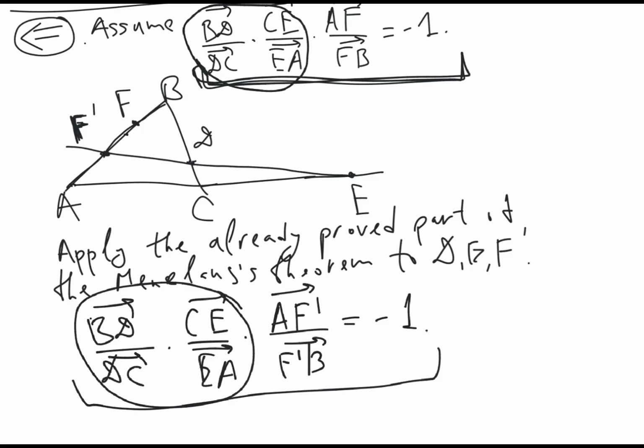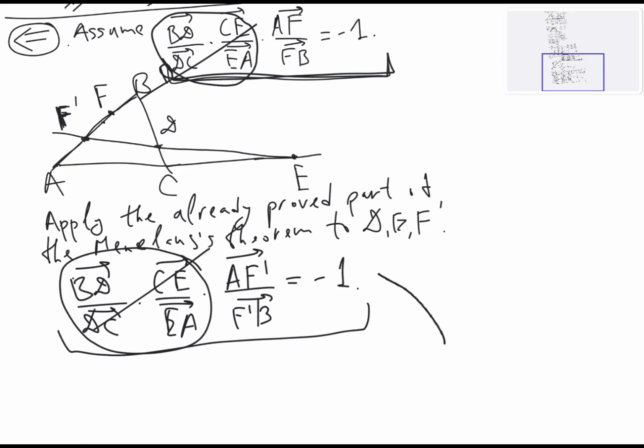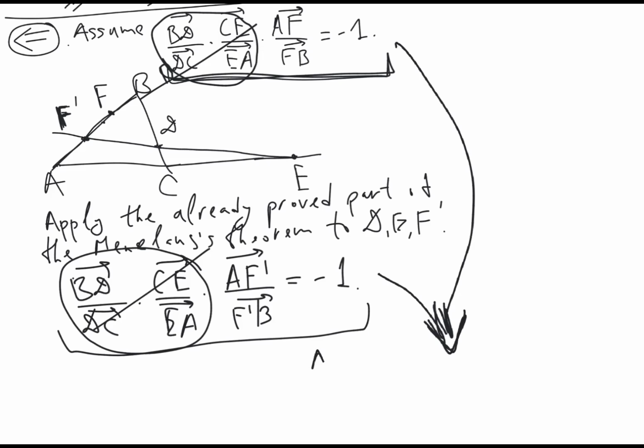So when we divide one by the other, they cancel each other, and what we get is that AF over FB is equal to AF prime over F prime B. So these ratios are the same, but the point is determined uniquely by the ratio.